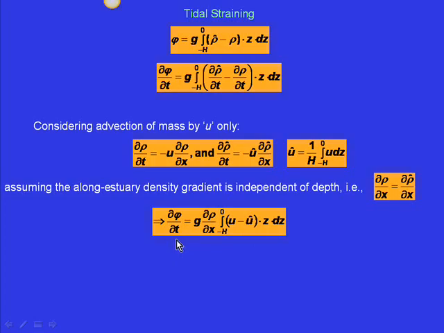To find the value of this, what do we need from that expression? We know that g is 9.8. We can give a density gradient for any particular situation. How about this? Do we know the profile of U with respect to depth? Yes? How would you represent it?